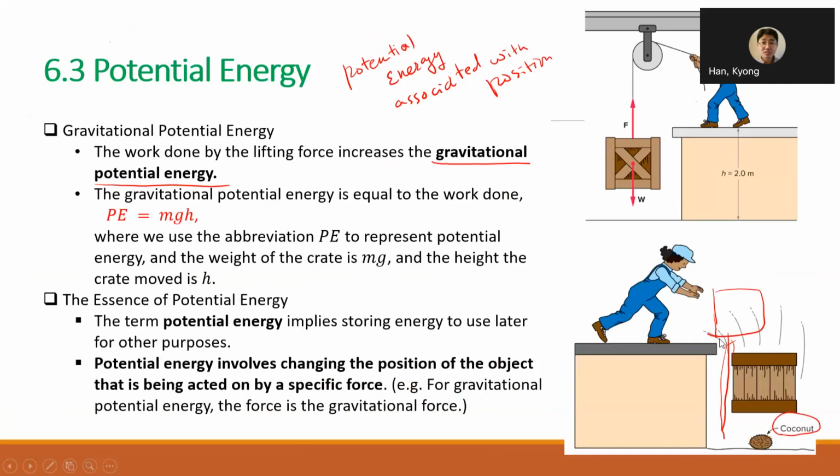You can store energy here, then you can use this energy to crack the coconut. Potential energy involves changing the position of the object that is being acted on by a specific force, for example, in this case, gravitational force. But it's not only gravitational force, there is also another kind, elastic potential energy.